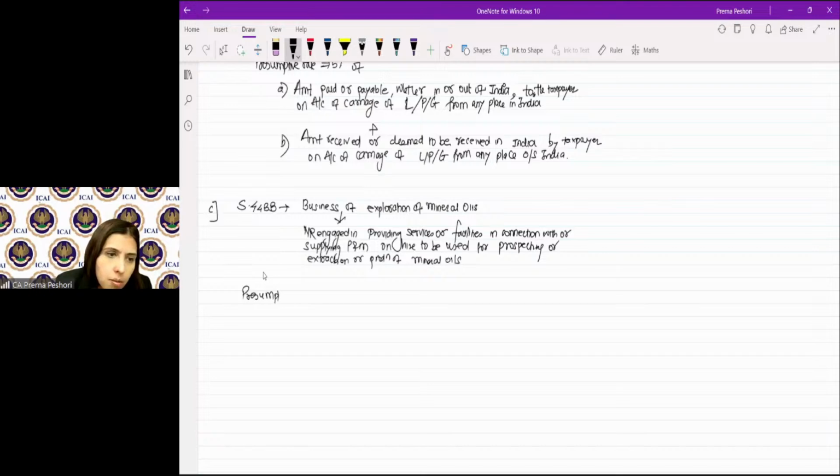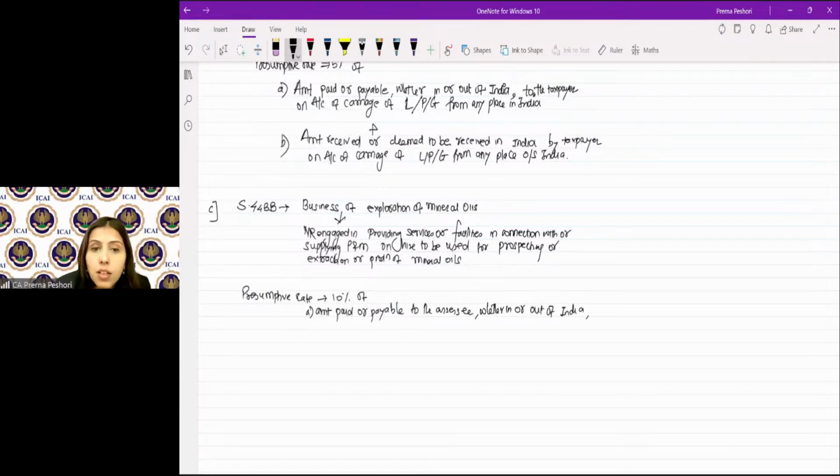So here the presumptive rate is 10% of, again the same thing, amount paid or payable to the assessee, whether in India or outside India, on account of the services provided in India.